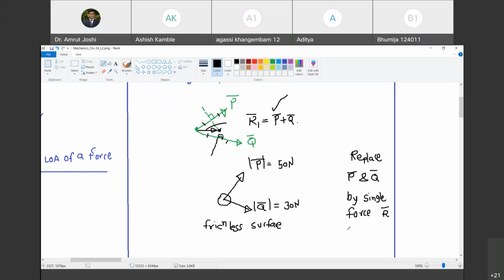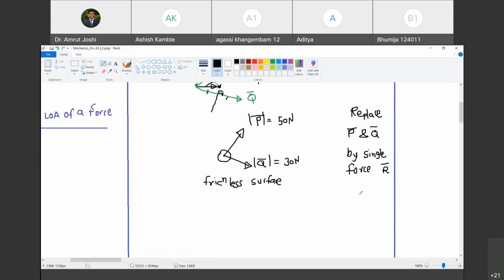What should be the characteristic of R bar so that I can say R bar is the addition of P bar and Q bar? R bar should produce exactly the same effect on all points of the body as P bar and Q bar together were producing. Are you with me? Yes, sir.